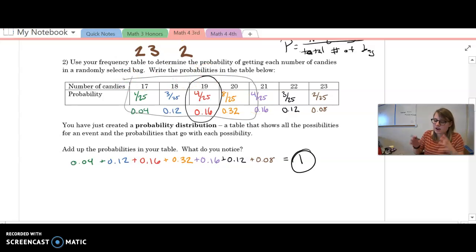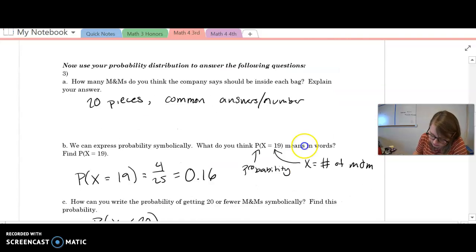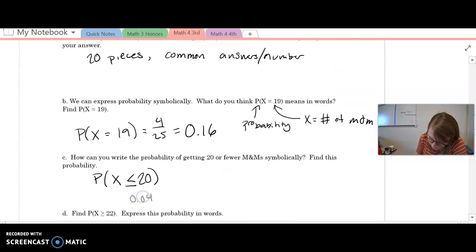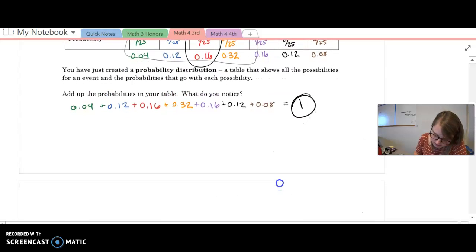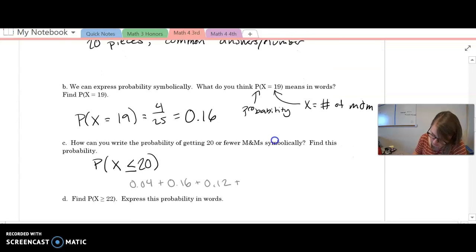So I'm going to add up those specific probabilities: the 0.04, the 0.16, then the 0.12, and last but not least, the 0.32. And I do realize I did switch these. Each of those represents the 17, 18, 19, and 20 pieces probabilities.